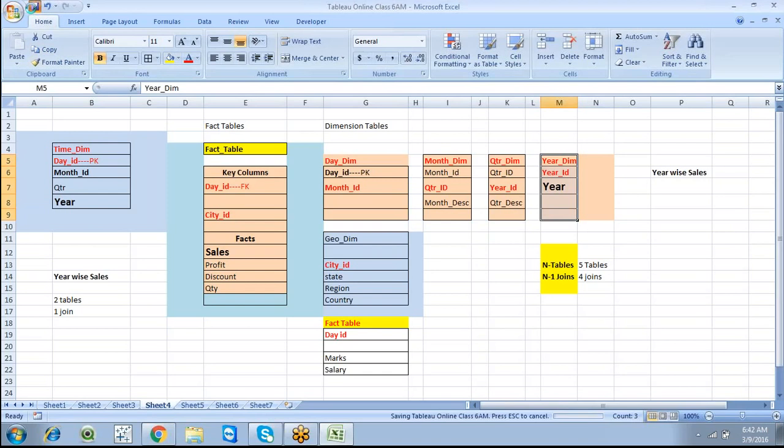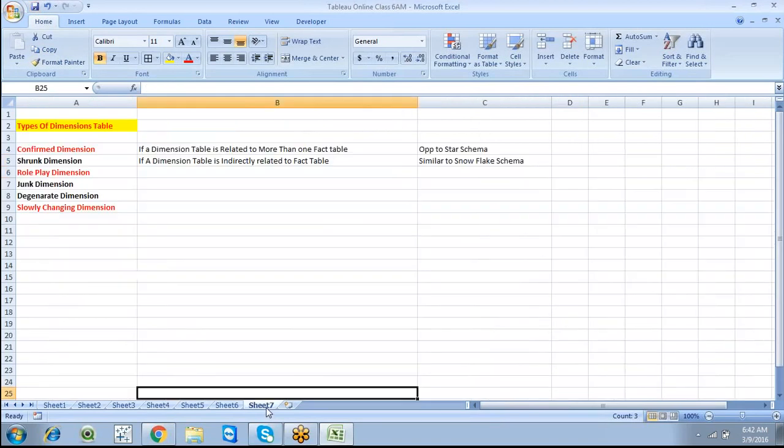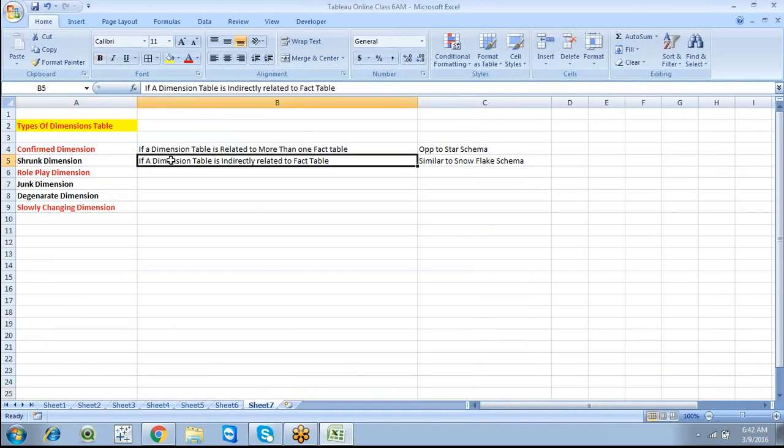It's a simple definition, conformed dimension or shrunken dimension. If a particular dimension table is related to more than one fact table, it is conformed. And shrunken means that the dimension table is indirectly related to a fact table, similar to snowflake schema.